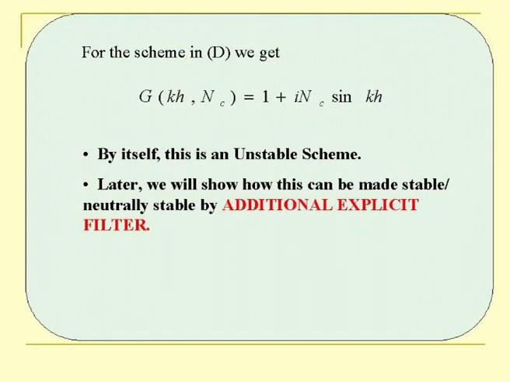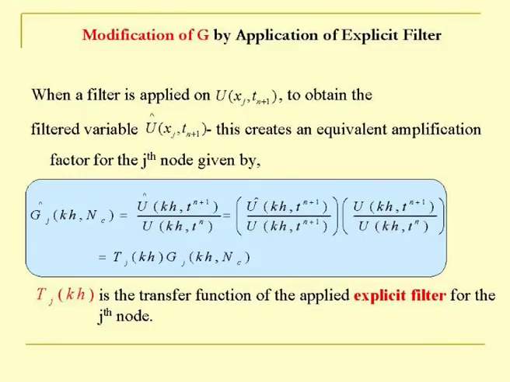So what do you do? People have probably earlier thought that it is a no-win situation, but we will see today itself that by applying an additional explicit filter, we can work out a stable algorithm, and maybe even a neutrally stable algorithm.